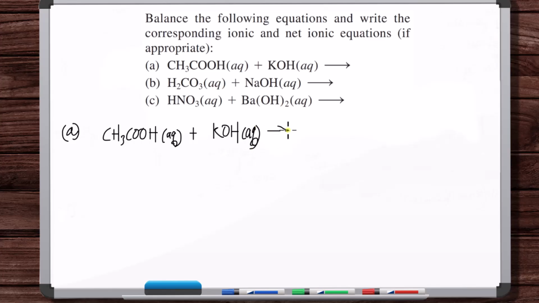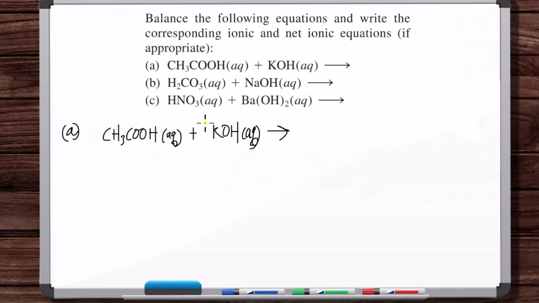Okay, but now, since we've got this reaction in aqueous solution between an acid and a base, we just use our knowledge that this is a neutralization reaction. For any neutralization reaction in aqueous solution, we're going to end up with a salt and water. So what's the salt going to be?